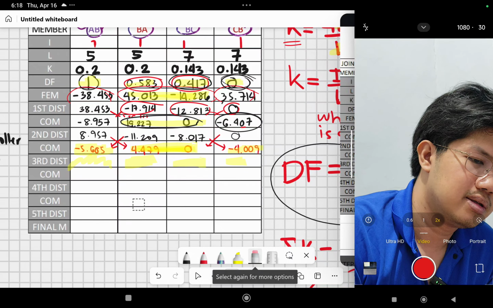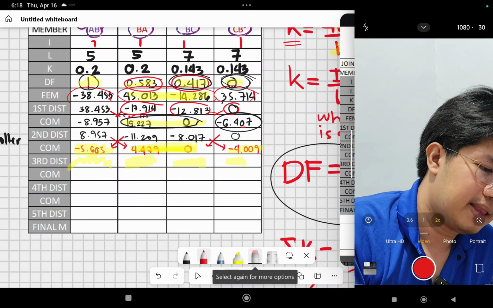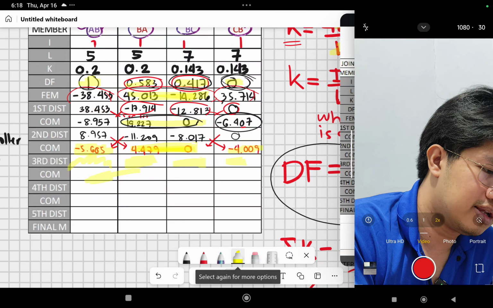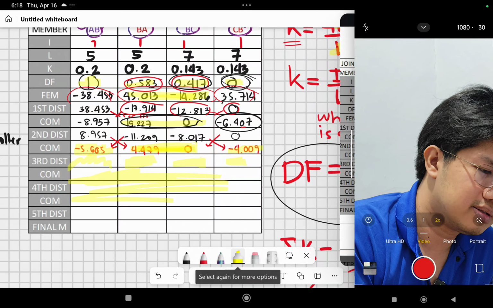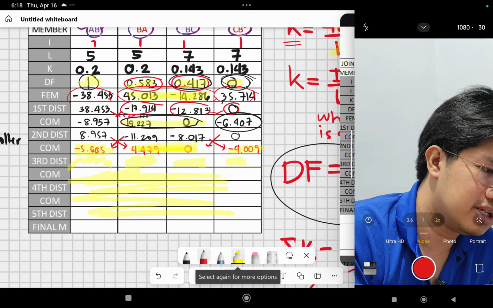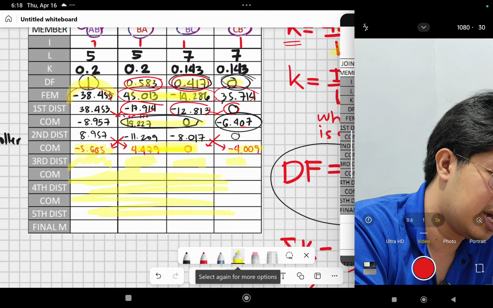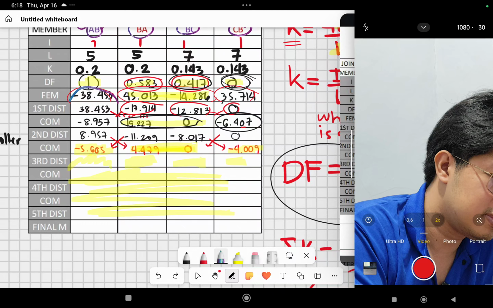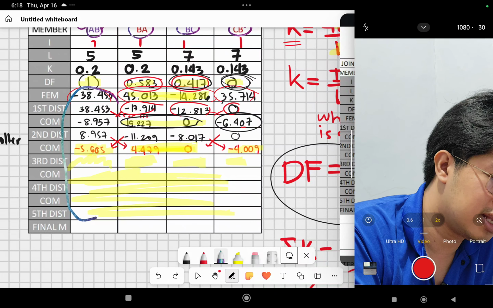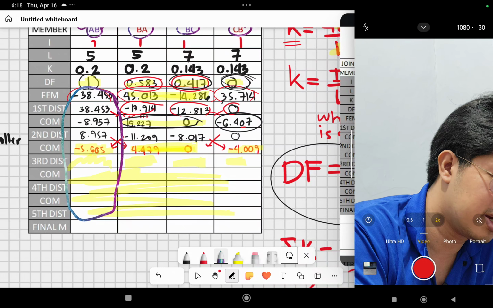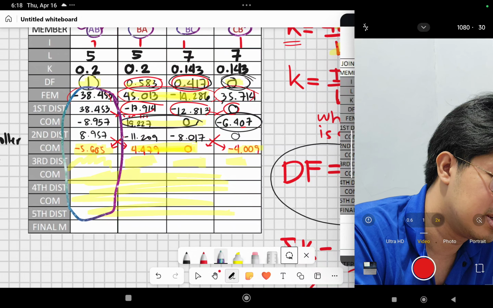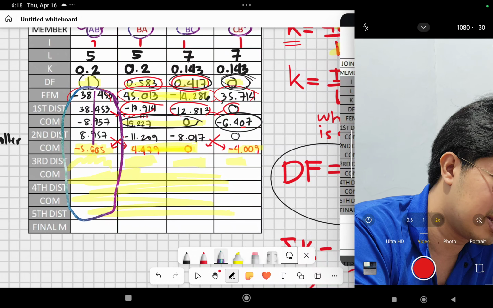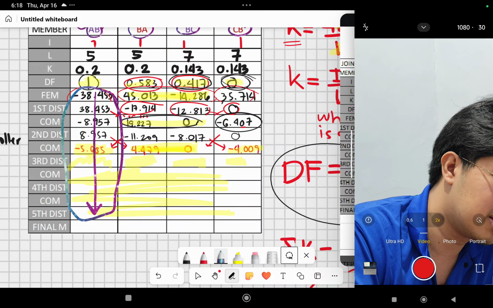Okay? And then, after that, gagawin natin is from the FEM hanggang dun sa last distribution, which is usually recommended fifth distribution, ipag-add lang natin lahat ng numbers doon on that column.